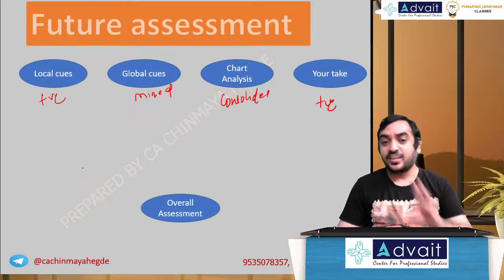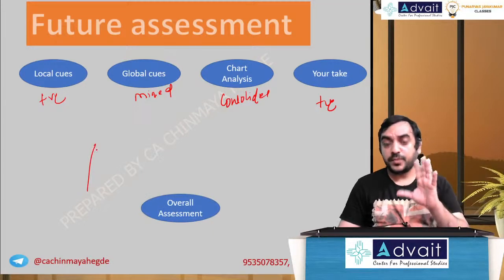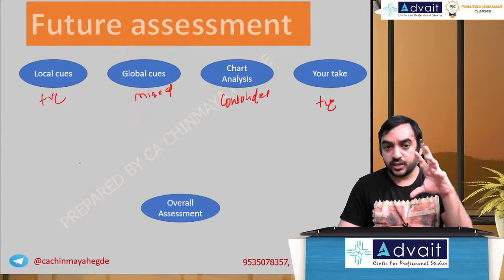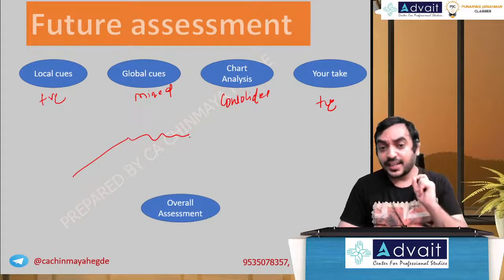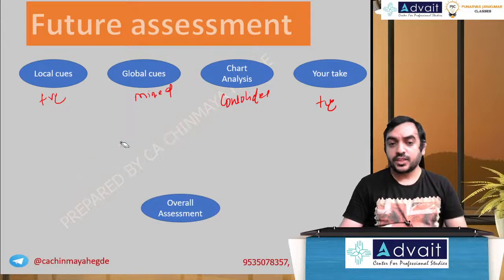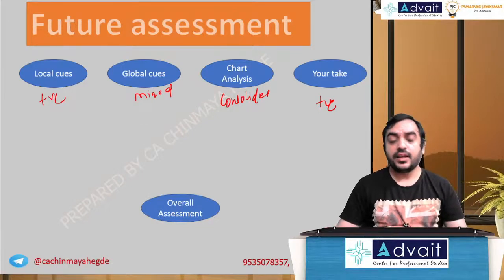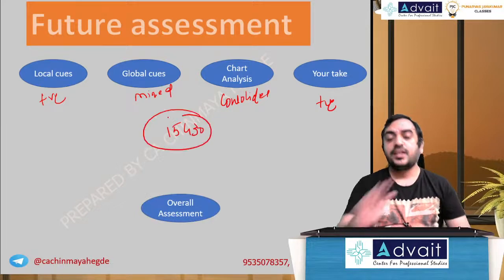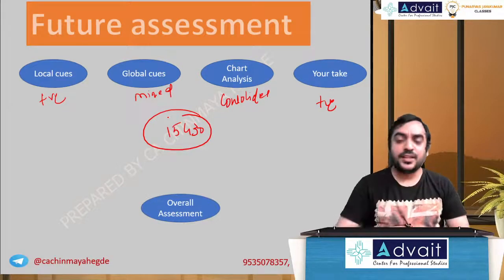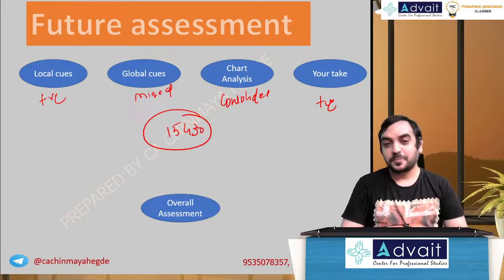They say flag and pennant, so it's like a pole. The market will go up, then it will take a halt. That is called a flag, and then again the market will go up. So I think we are in that consolidation mode now. I don't expect too much movement. I think it will be around 15,430, 450, around that price. I think that will be today's position.